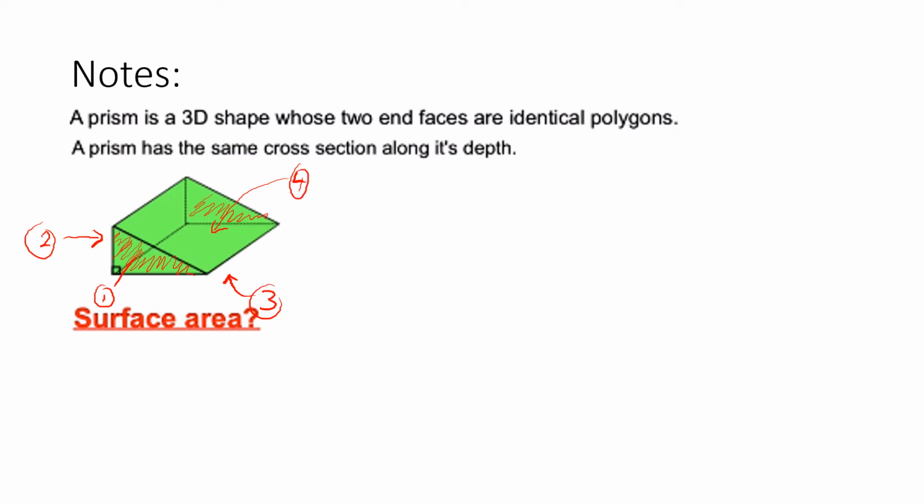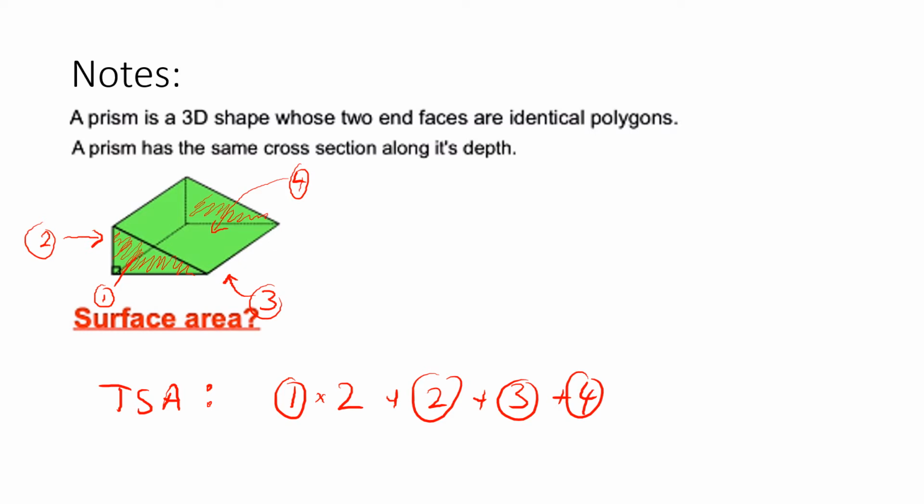To find the total surface area, TSA for short, we add up all the faces together. So we've got face 1 times 2, because there's two of them, then we add face 2, face 3, and face 4.